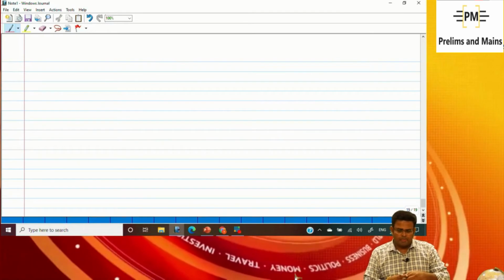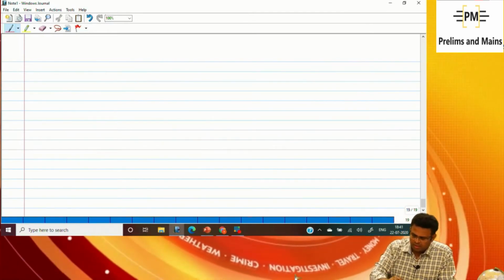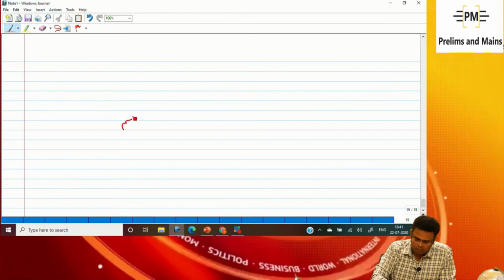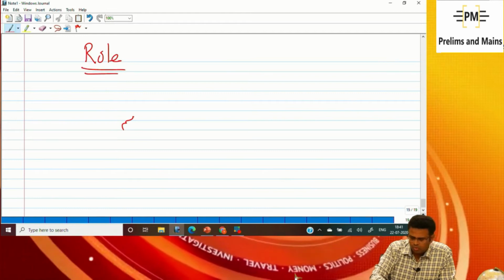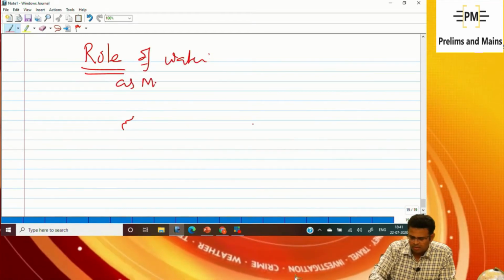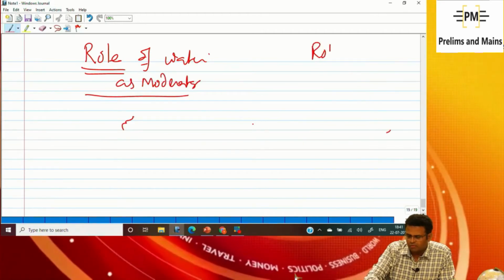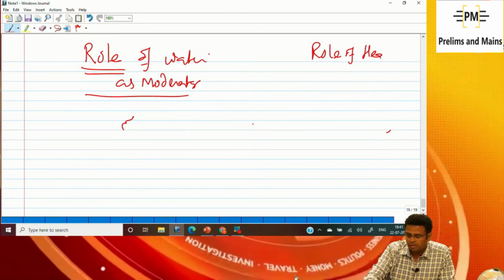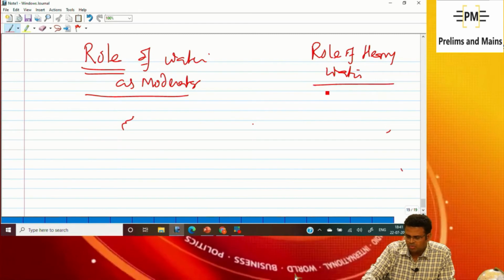Now one concept is the role of water as moderator and the role of heavy water as moderator.